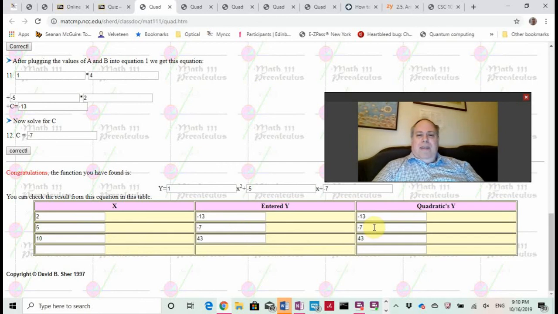Now, I did this as much as anything else when I designed this to debug the program. Want to make sure it did the right thing. When I put in 10, I should get 43. I get 43. But I added one last little feature. Let's say I want to find out what this quadratic returns when x is 8. So I type 8 here, and click here. It tells me 8 gives me 17.